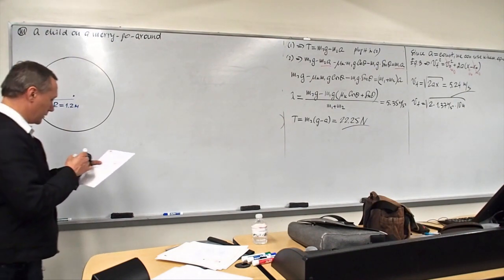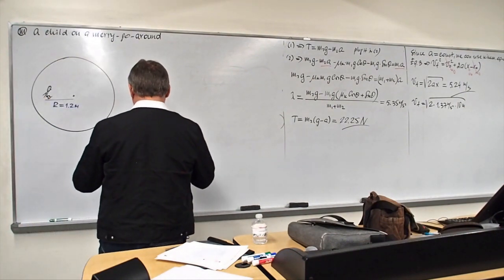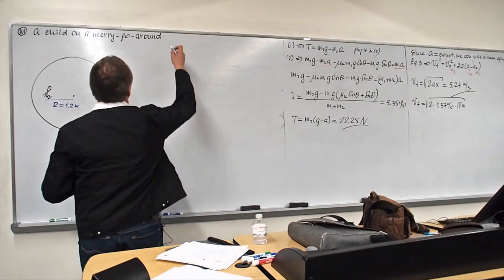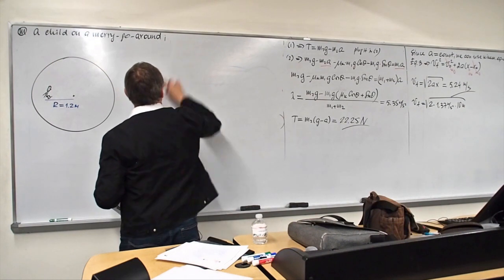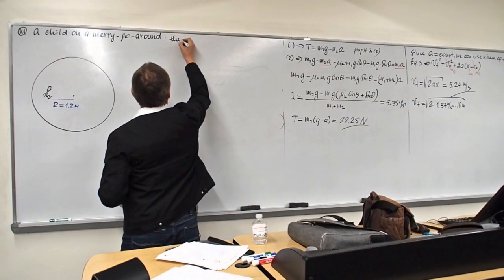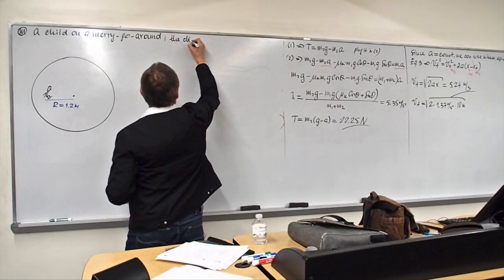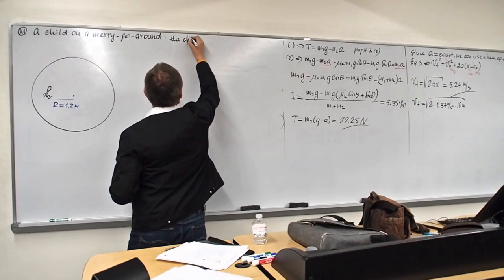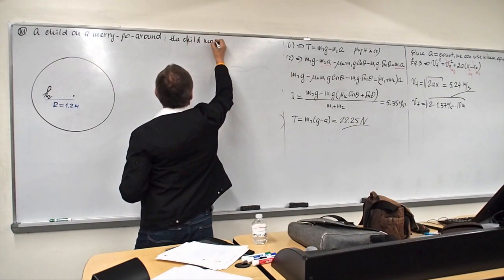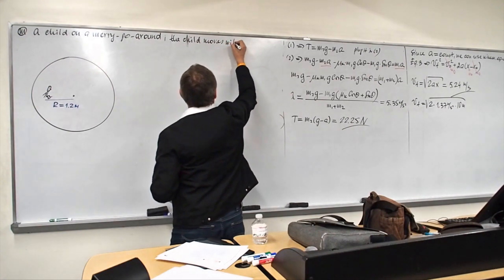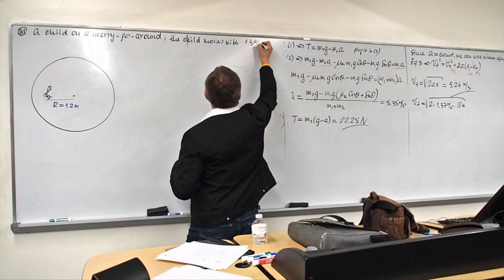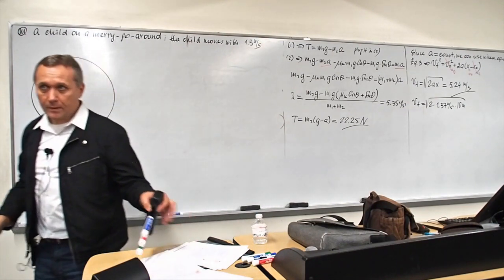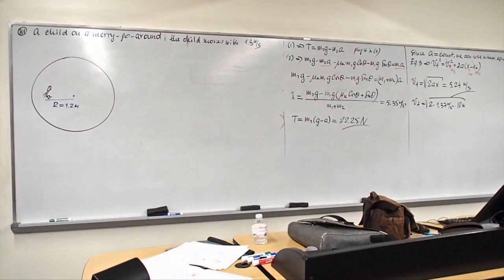And we know that the child moves with 1.3 meters per second. Which velocity am I talking about? 1.3 meters per second.